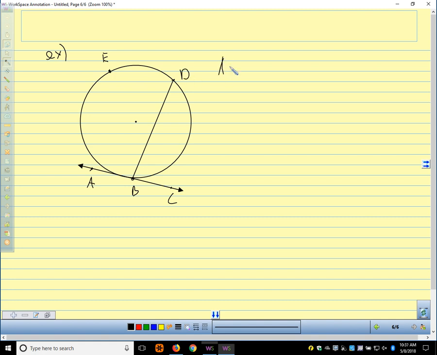All right, I'm going to say that line AC is tangent to the circle at B. The measure of arc BED is 214 degrees.